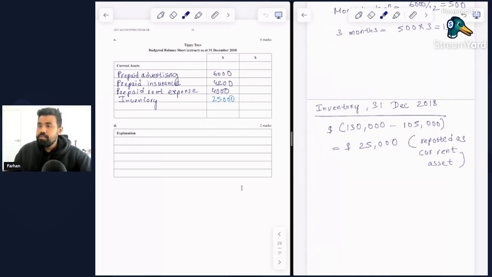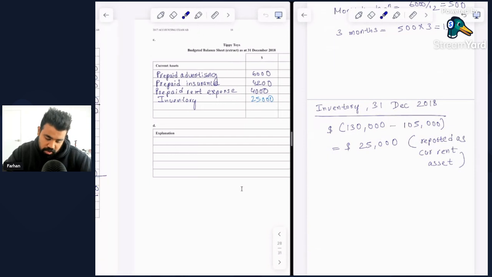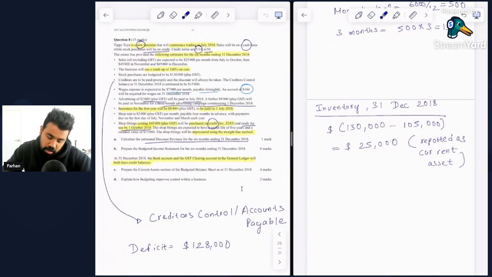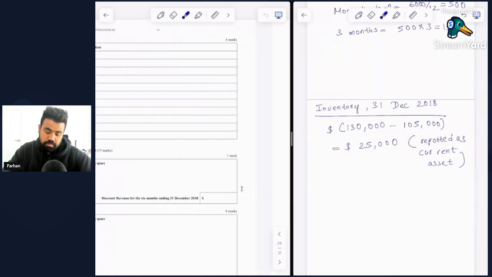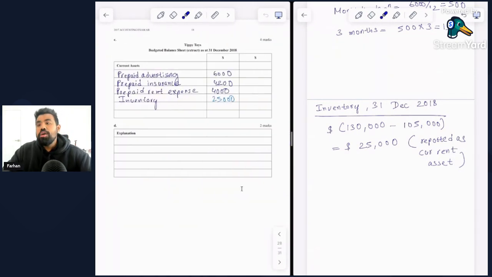All right, so let's see what's the last question about. So explain how budgeting improves control within a business. All right, so budgets can help a business formulate a plan or a strategy. The reason we need a plan or a strategy is because we have short-term business objectives and then we have long-term business objectives.